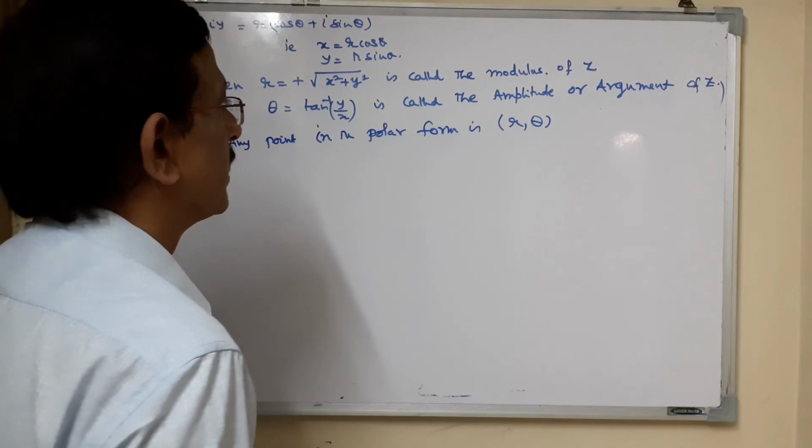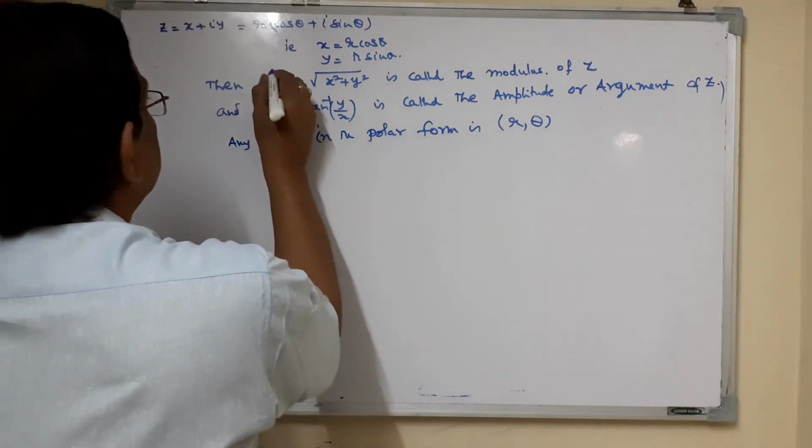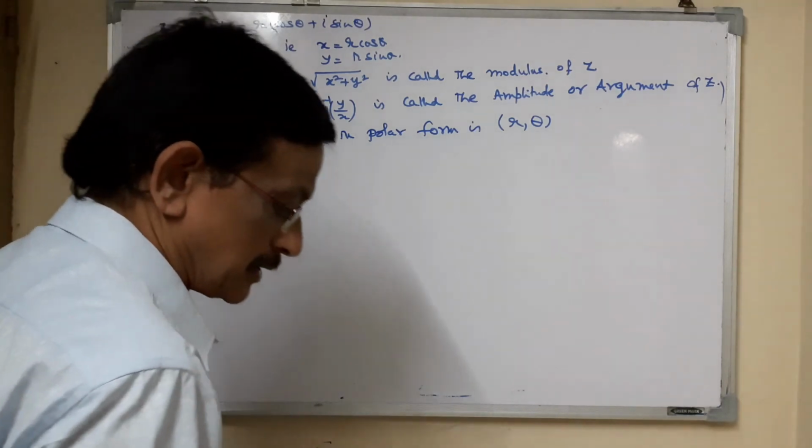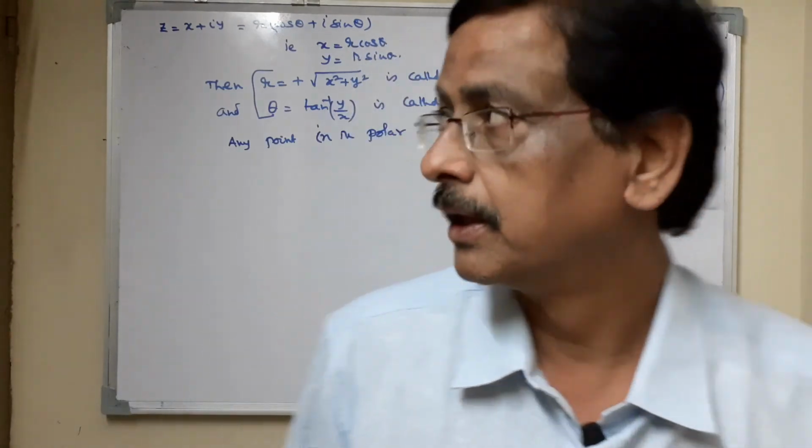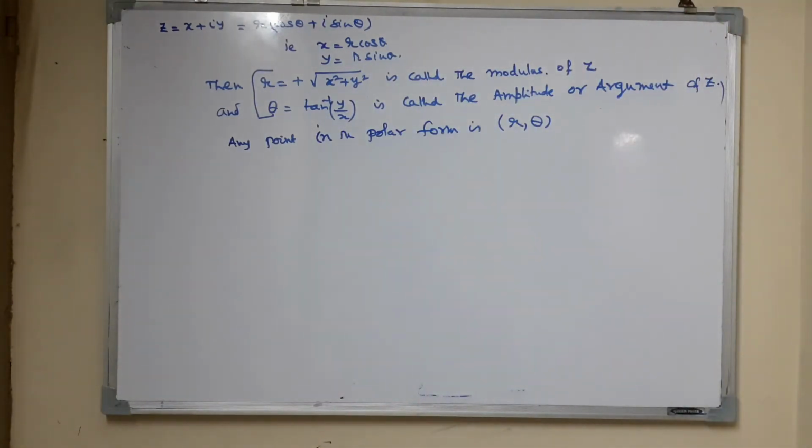These are two very crucial concepts in complex numbers. We are writing the modulus of z and the amplitude of z. Now I would like to initiate with some of the properties.